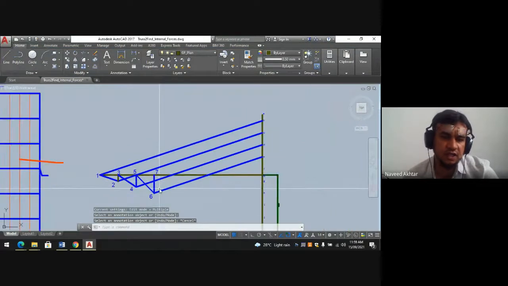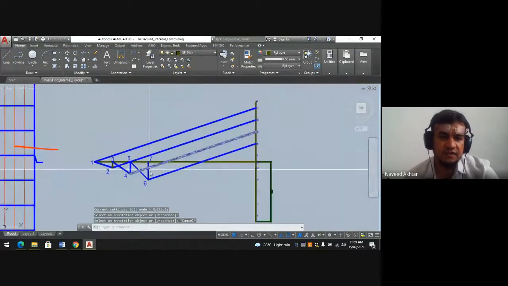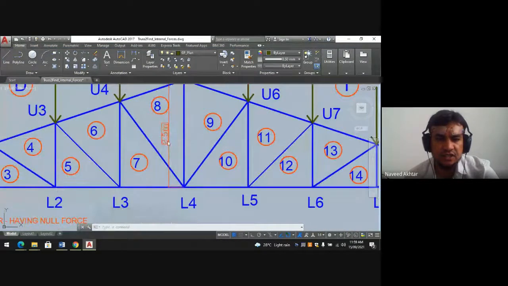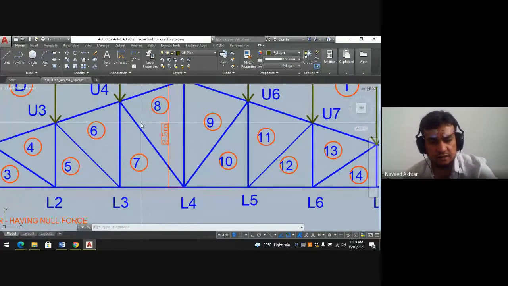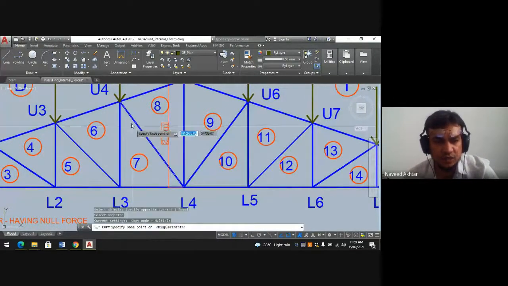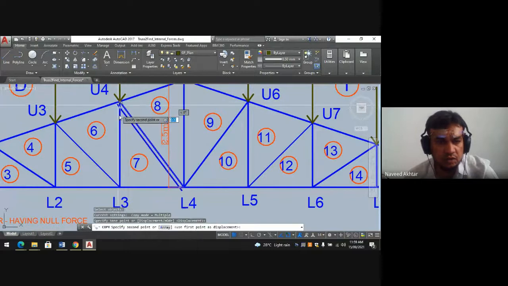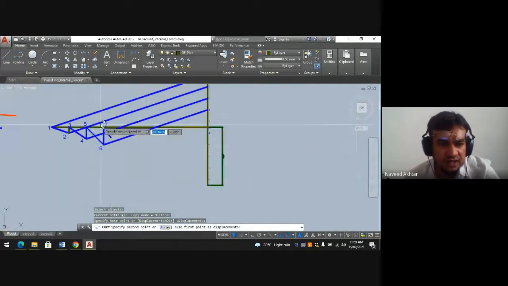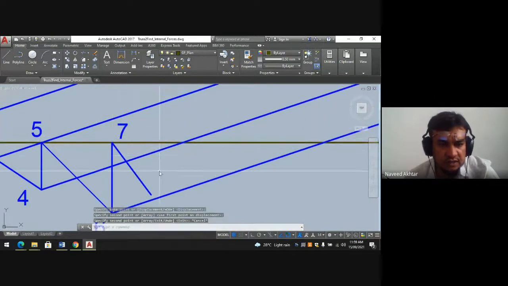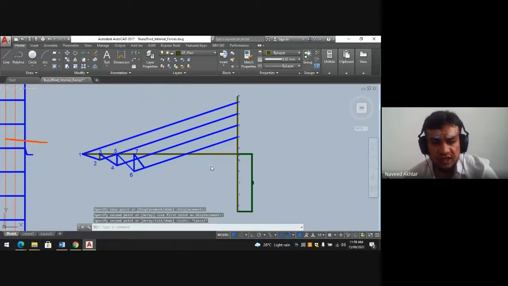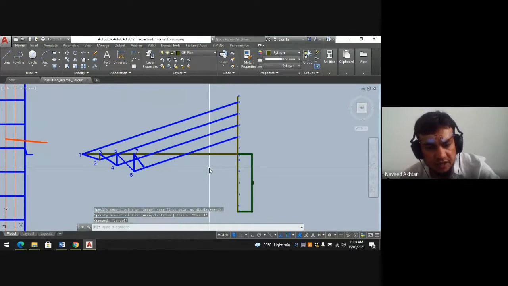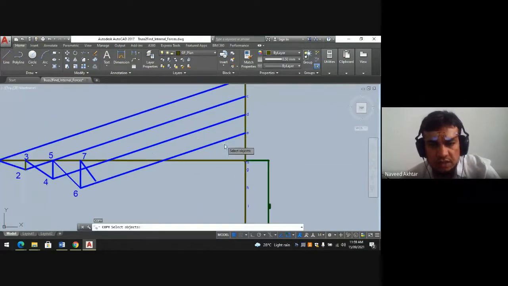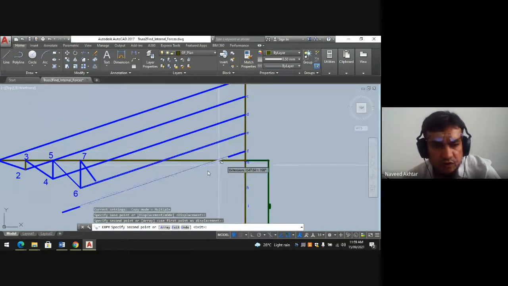Okay. Now again 7 to 8 is a line, and 8 to F is also inclined line. So 7 to 8, and copy F2.